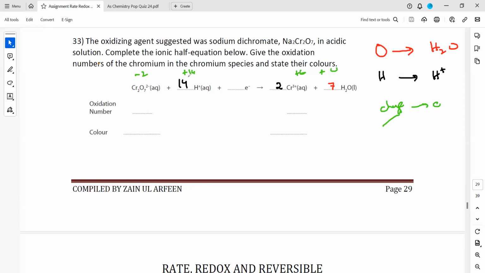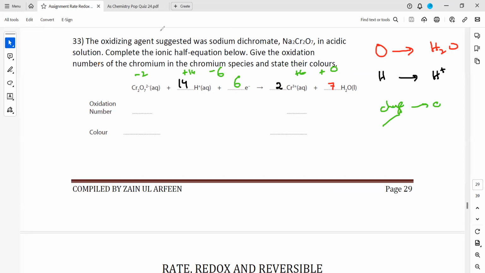On our left hand side, we want the net charge to be +6. -2 plus 14 makes 12. So how many electrons should there be? We should have 6 electrons, because each electron is -1. So 6 electrons will be -6. So we have a total net charge of +6 on our right and +6 on our left.